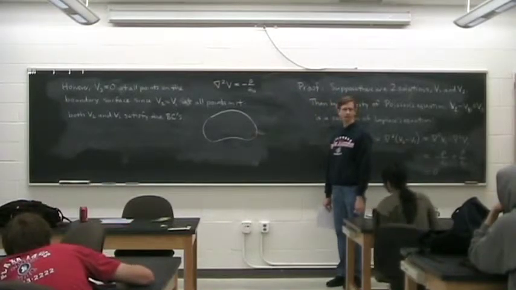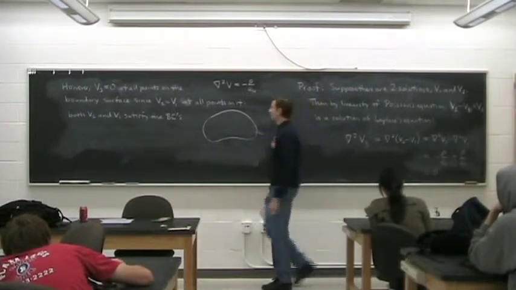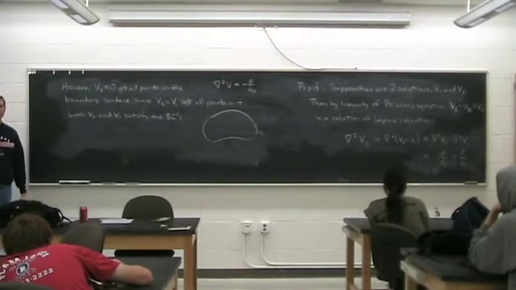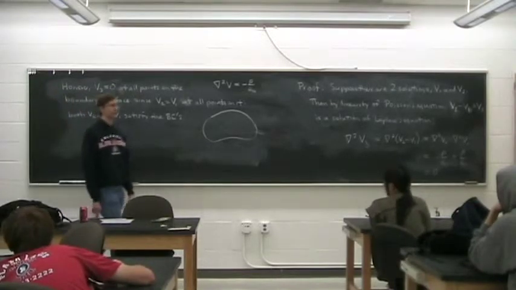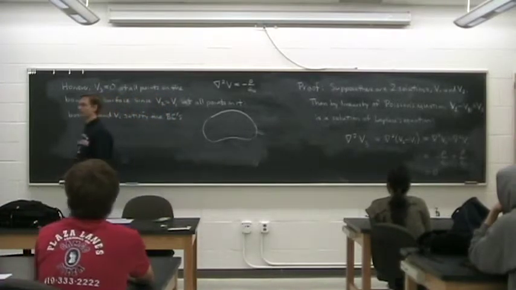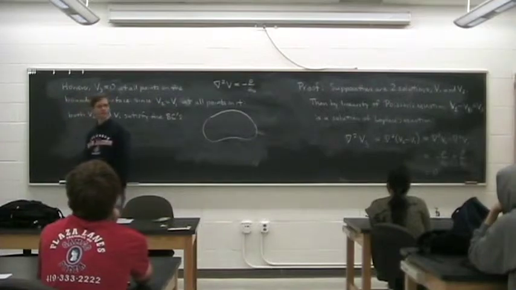Does that make sense? See what I'm getting at there? Okay? All right. Now, we use the corollary. The corollary that said that a solution of Laplace's equation doesn't have any local maxima or minima. Any maxima or minima have to be on the boundaries, right?